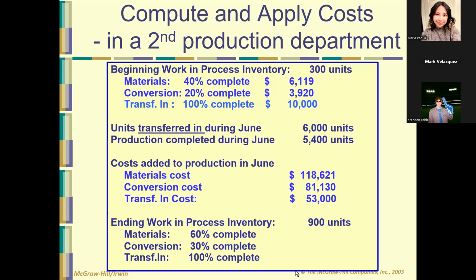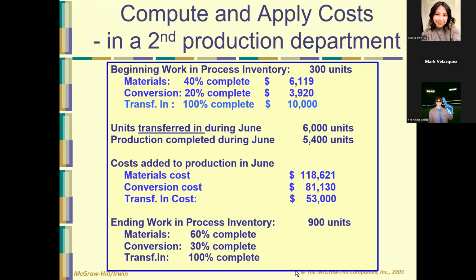Units transferred in, they tell us it was 6,000, and they completed 5,400 of those. So your ending inventory is going to be 300 units plus 6,000 transferred in, 6,300, minus those that were completed, for a balance of 900.